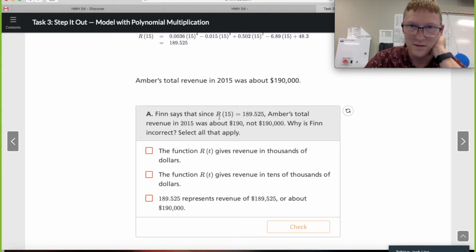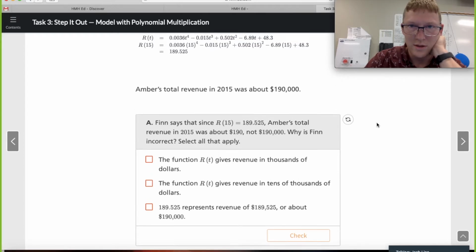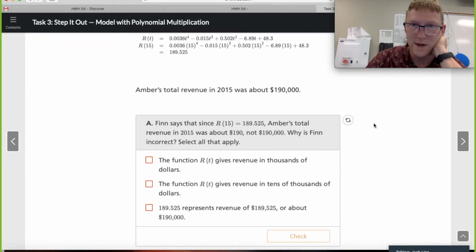Finn says that since R of 15 is 189.525, Amber's total revenue in 2015 was about $190, not $190,000. Why is Finn incorrect?